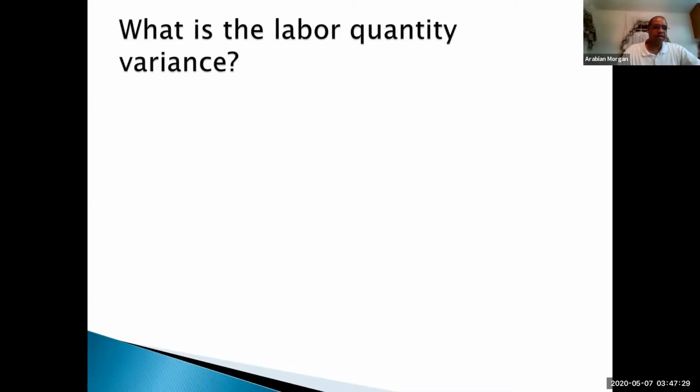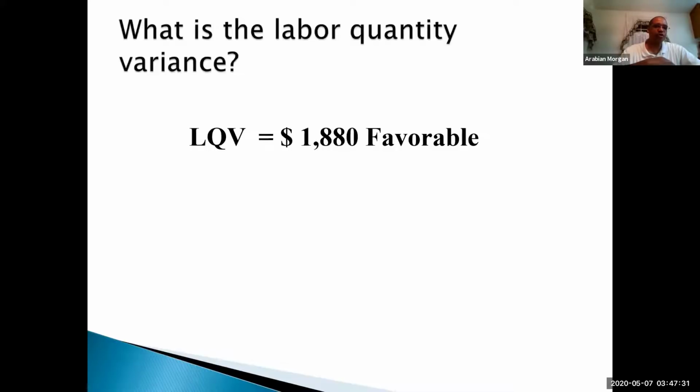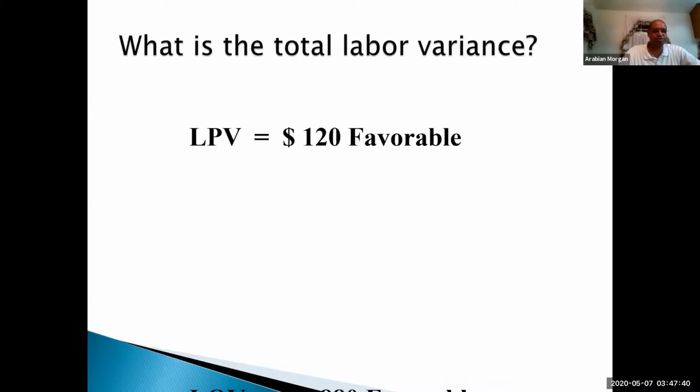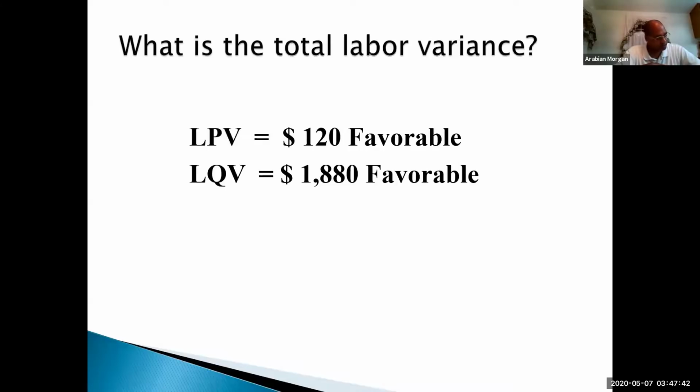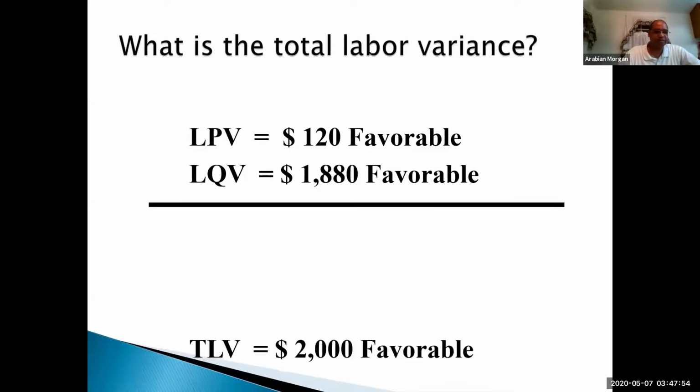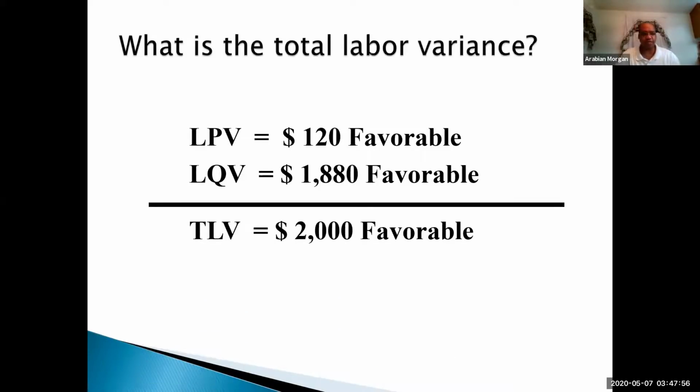The labor quantity variance should be $1,880 favorable. I'll just put those 2 on the screen, which will help you get number 6. And that total labor variance, because these signs are the same, we add them together, $2,000 favorable.